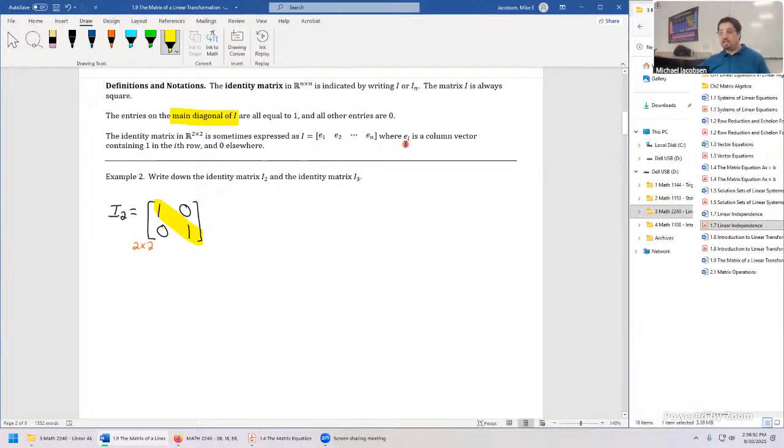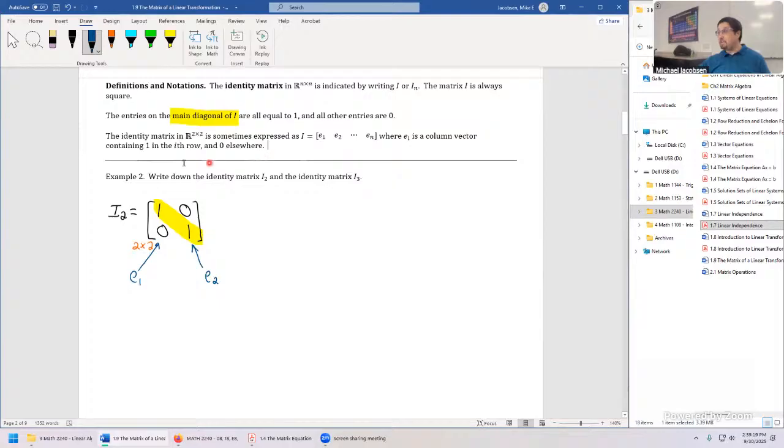Ei is a column vector containing 1 in the ith row, 0 elsewhere. So this vector that we wrote in, this one would be E1. It contains a 1 in the 1st entry, 0s elsewhere. This one contains a 1 in the 2nd entry, 0s elsewhere. So this would be E2.